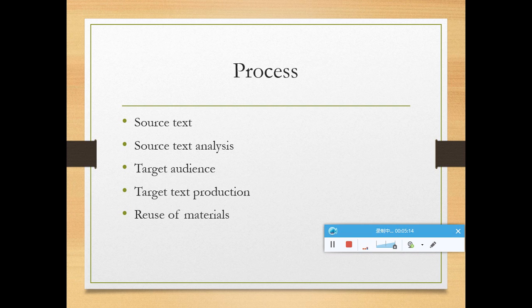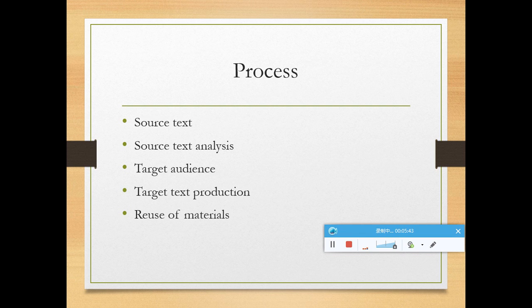I think this part, the target audience, is the most important part during the translation. For example, if there is a Chinese medical text that needs to be translated into English, and the target audience is the general public, maybe I will choose the simple medical words instead of those too academic terminologies.